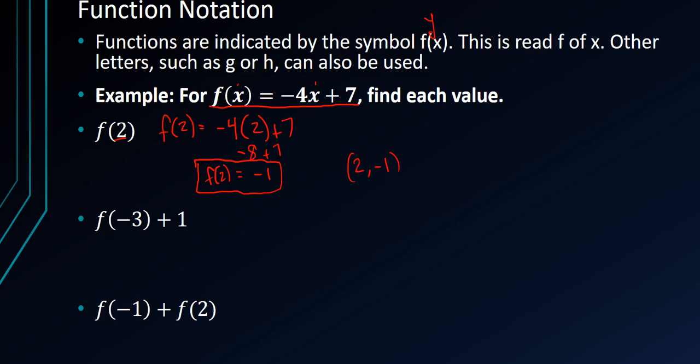Alright, so this next one says f(-3) + 1. So we're still going to put -3 in, but because they also tell me to add 1 to this, I need to put a plus 1 at the end over here.